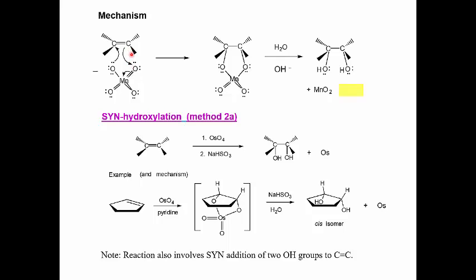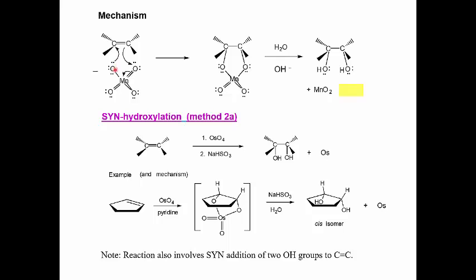Now before that bonding is complete, however, there's positive charge that will build up on this carbon. Permanganate at this stage, in the other oxygen, is going to develop a partial negative charge. The attraction of opposite charges causes this other oxygen to donate a lone pair to the developing positive charge on the other alkene carbon.